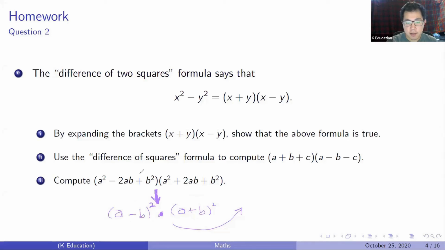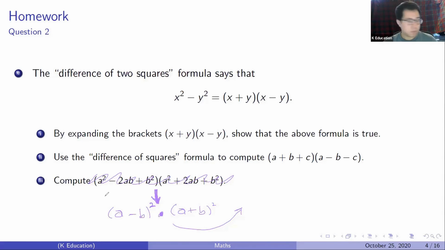What do I do with these two things? Times them together. Yeah, so I want you to tell me how to times them together. Oh, a times a squared, a times b squared, ab squared, minus b. Oh, okay, so what you're doing is like this one, but I'm actually talking about the bottom part here. So pretend you don't know this. How would you multiply these two out?